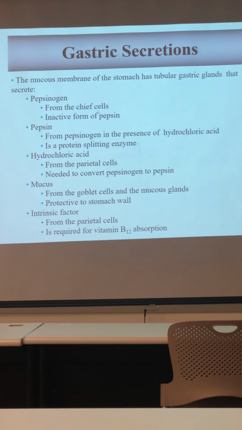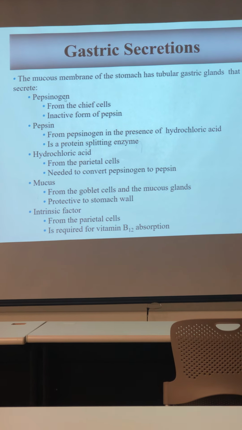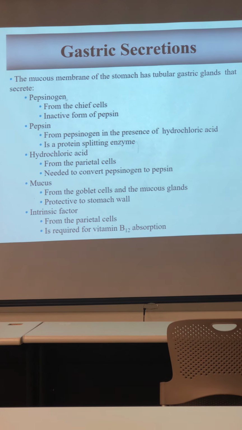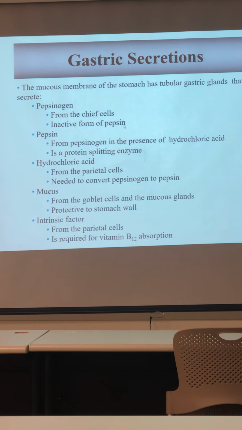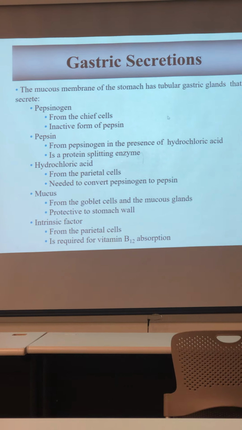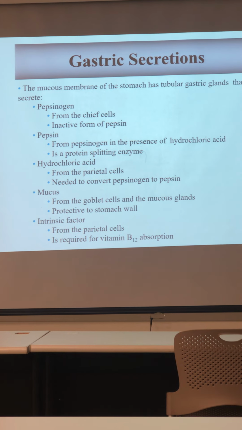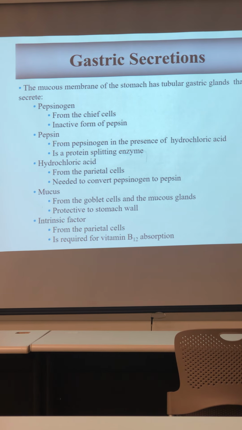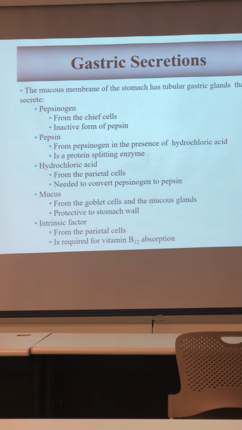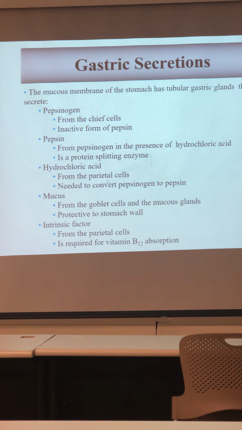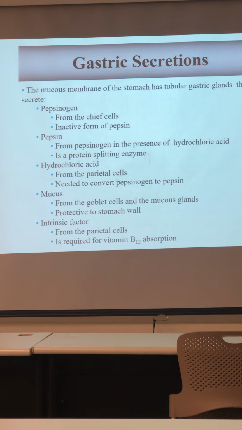The chief cell is going to secrete pepsinogen here on the first line. Pepsinogen, in the presence of hydrochloric acid, will become pepsin. And pepsin is an enzyme that breaks down protein. This is why you need acidity in your stomach to form pepsin, which is an enzyme that breaks down protein. Hydrochloric acid is produced from the parietal cells, so know that.